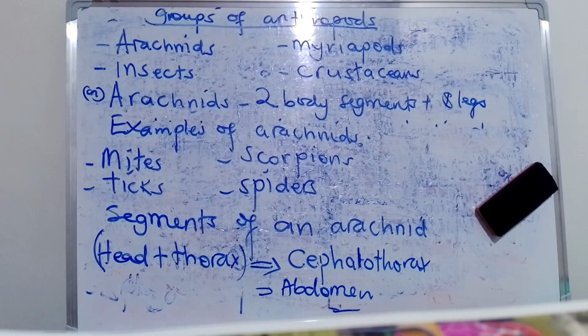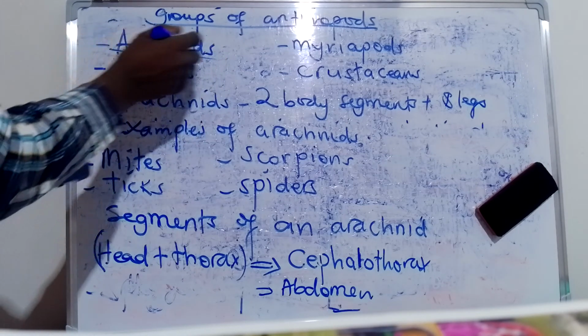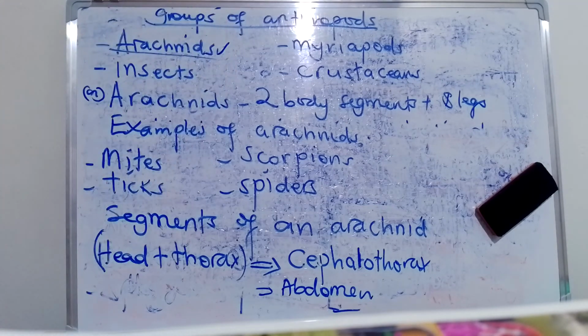They have two body segments, that is cephalothorax and abdomen. They look somewhat like insects. In the next video, I'm going to talk about insects. For now, we have covered arachnids. The next lesson, we shall talk about insects.